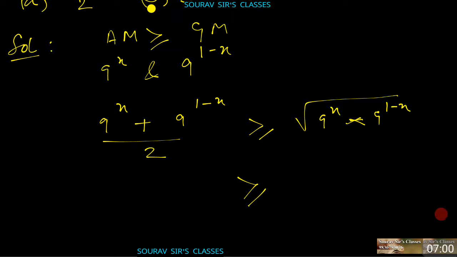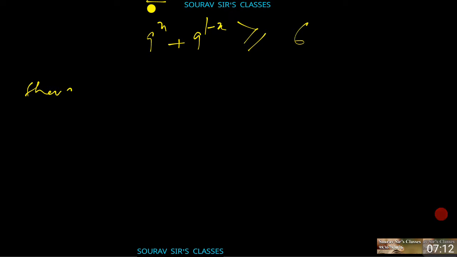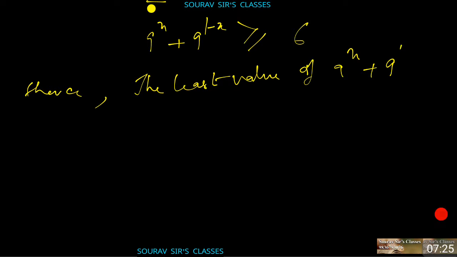which implies that 9^x + 9^(1-x) is greater than or equal to 6. Hence, we conclude that the least value of 9^x + 9^(1-x) is 6.